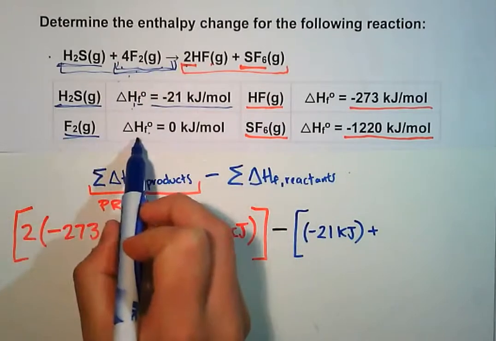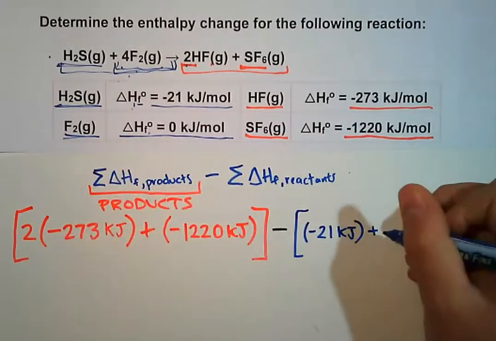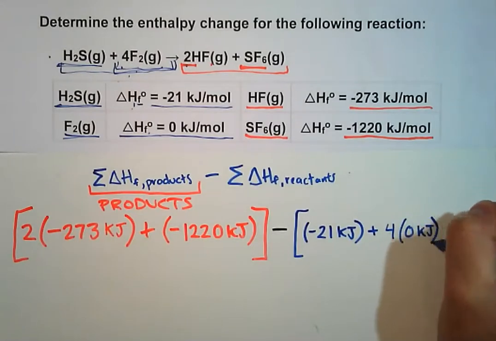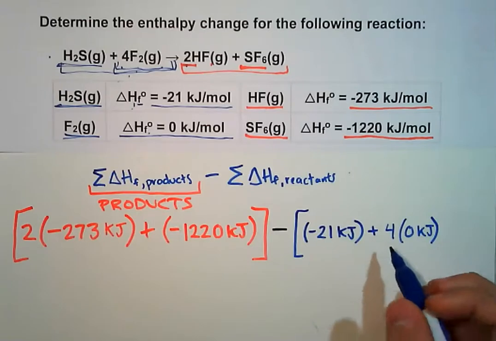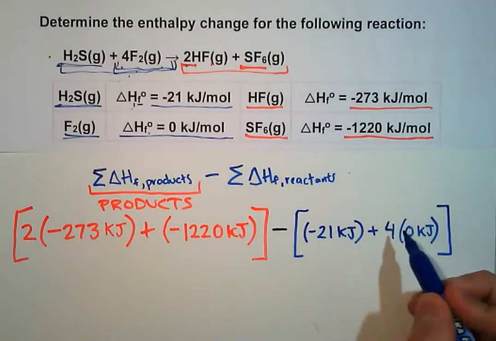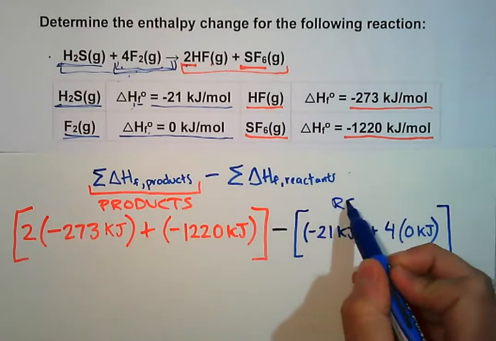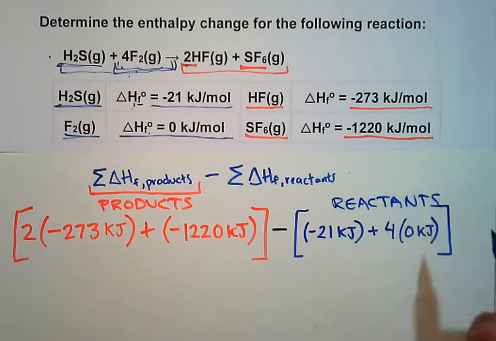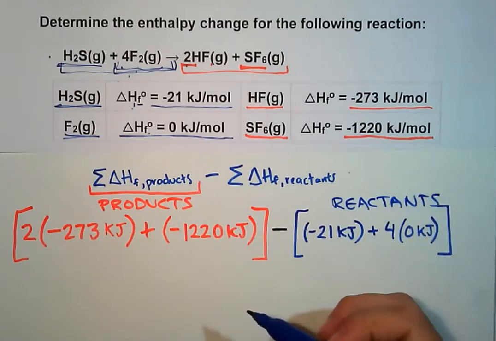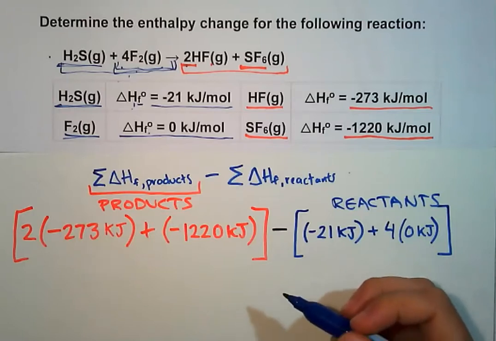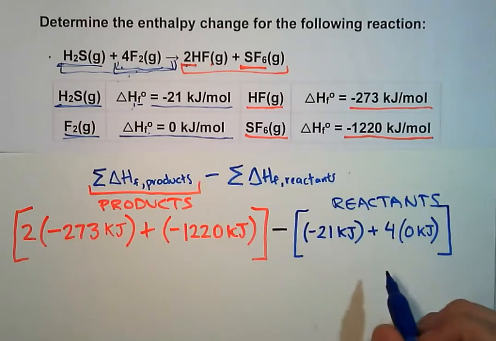F2, but its delta H of formation is 0, so we're doing 4 times 0 kilojoules, which is obviously going to be equal to 0, but I'm still going to write it in so we don't forget that we've added it up. 4 times 0, and this is our reactants. So really this problem is just about multiplying and adding, and that's pretty much it. The tricky part is making sure that we have our negatives and positives correctly.